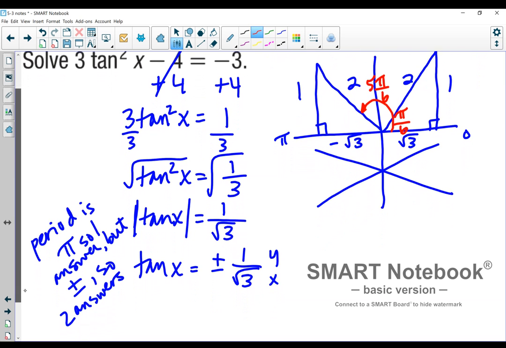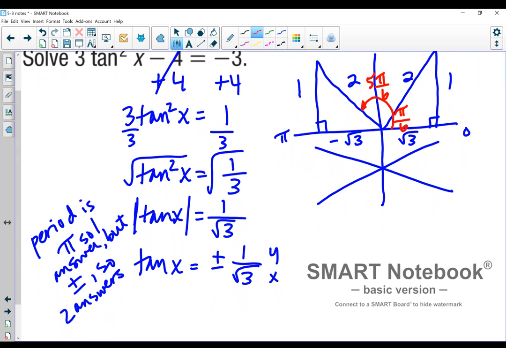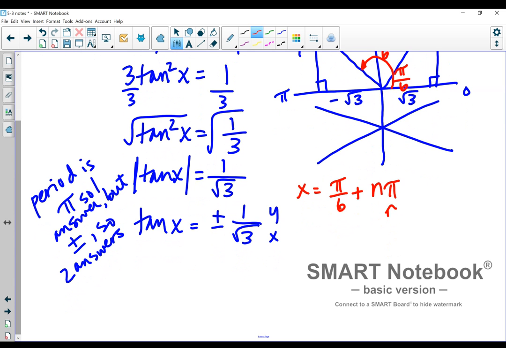Because we are looking at tangent and it repeats itself every pi, each of these answers we could keep adding pi to and get more answers. So x will be either pi over 6 plus n times pi. This is because the period of tangent is pi.